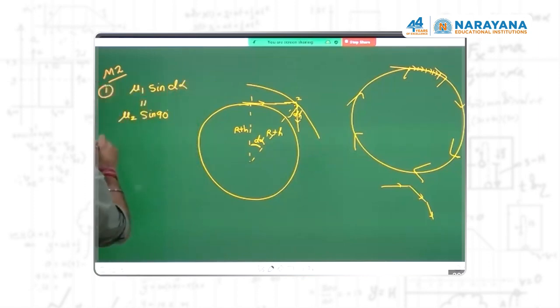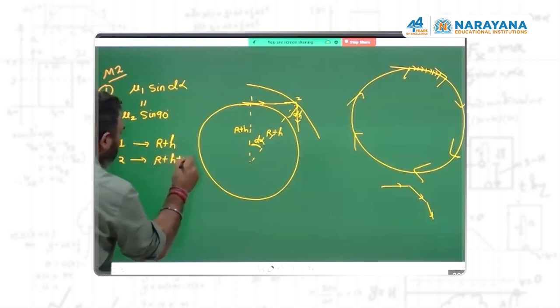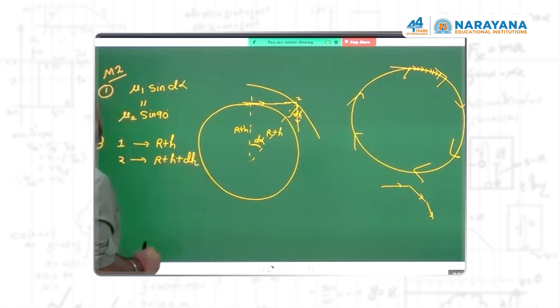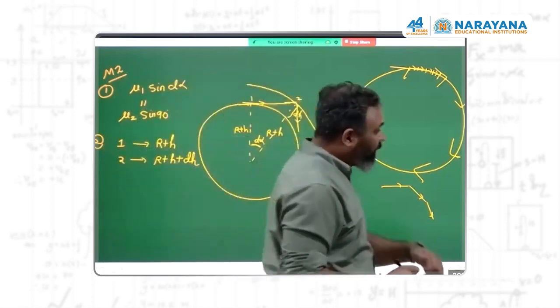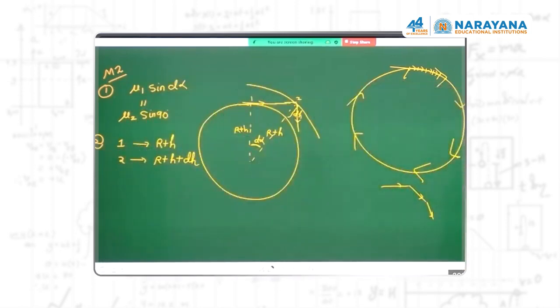And then finally, I can also say that 1 corresponds to R plus H, mu at R plus H, and 2 corresponds to R plus H plus DH. So that mu1 and mu2 that you need, that I can write.